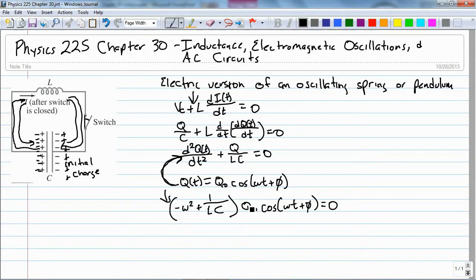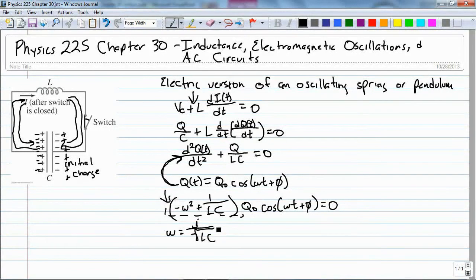Now, Q naught's a constant, so it's really not going to do anything. Cosine changes all the time, and I'm looking for something that equals 0. The only way that it will equal 0 is if the term negative omega squared plus 1 over LC is zero, and I can solve that, and I get omega is equal to 1 over the square root of L times C. I'm going to have a j with this actually.